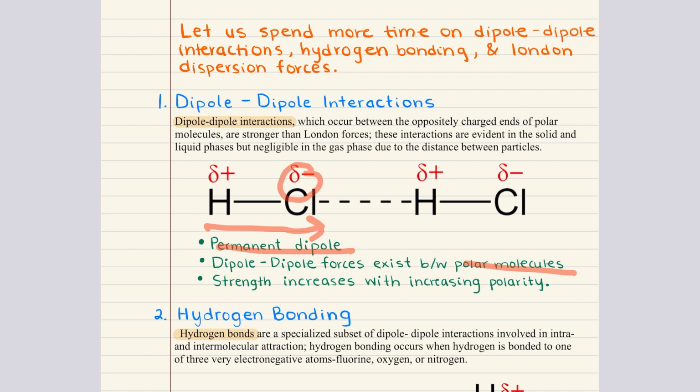Then the less electronegative atom is going to lose some electron density, and that results in a partial positive charge. These partial charges drive dipole-dipole interactions. The partial positive end of one molecule is attracted to the partial negative end of another, and that creates an intermolecular force called a dipole-dipole interaction.